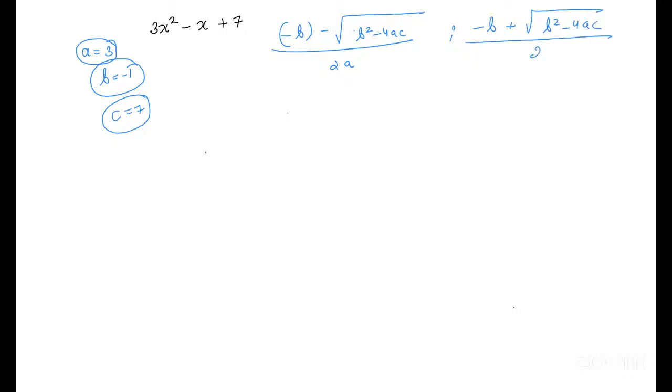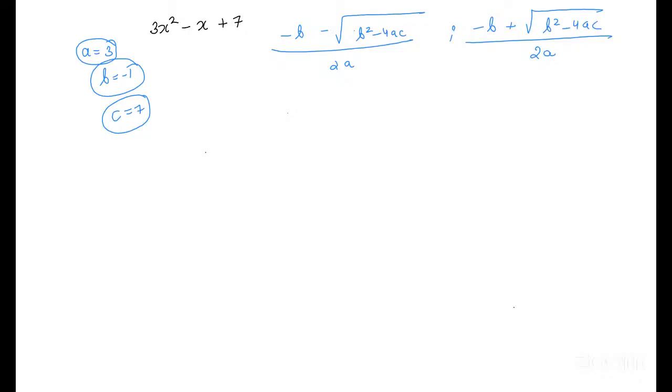Putting into the quadratic formula, it is minus B minus the square root of B square minus 4AC by 2A, and the second is minus B plus the square root of B square minus 4AC by 2A.